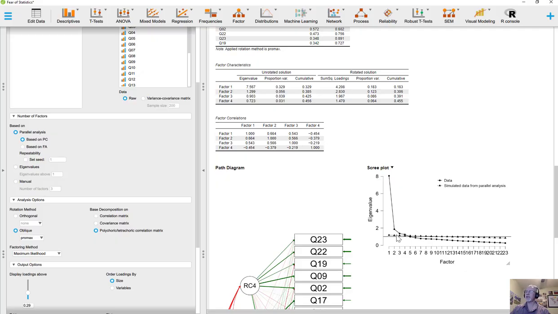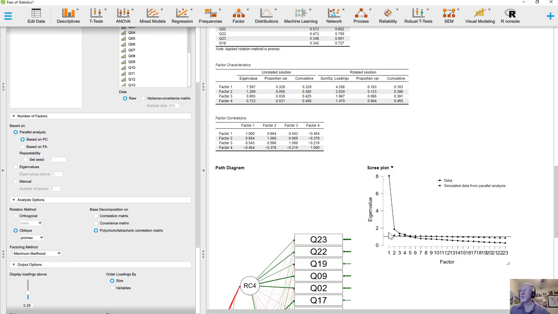And even with random data, you would expect, with enough measures, to get correlations between some of the measures just by chance that would give you some degree of commonality. That's where the simulated data is above those eigenvalues, 1 and then going on down.